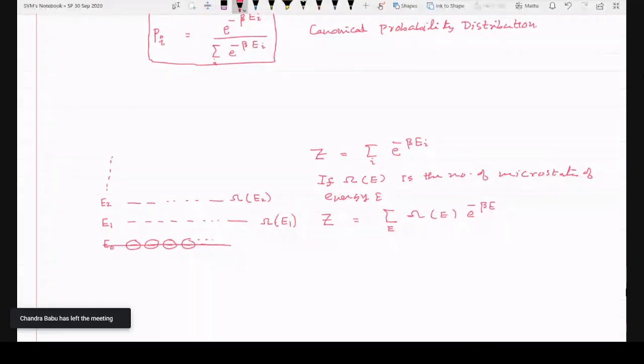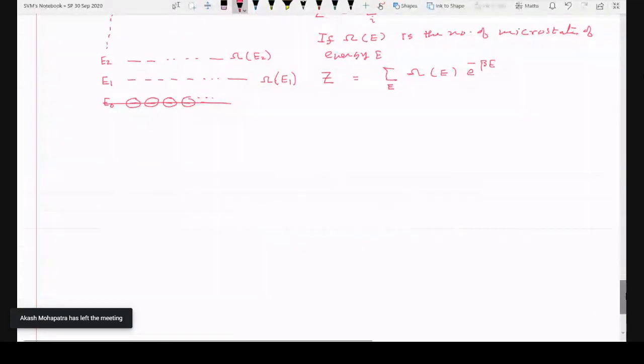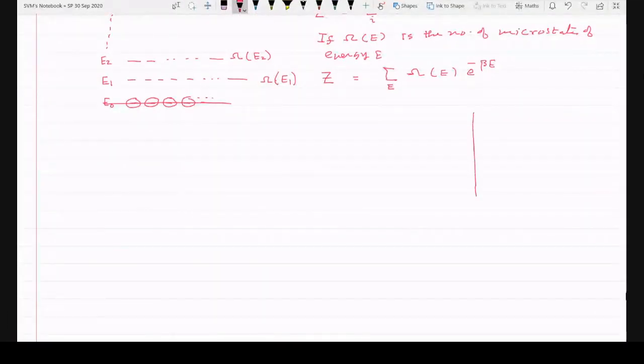So if you are plotting energy versus this summand, for different energies, you can see this e to the minus beta E term will have a value 1 at 0 and it just decreases like this. So this is the graph of e to the minus beta E.